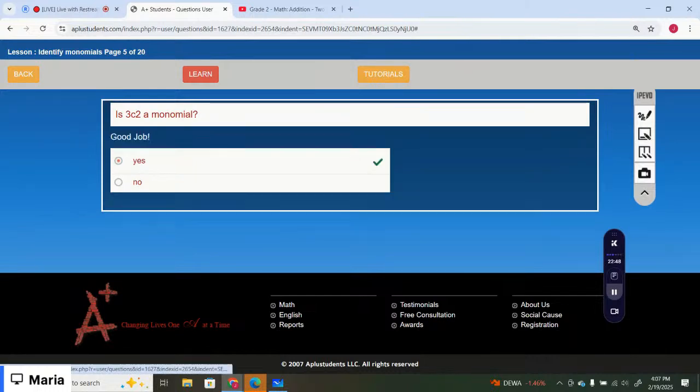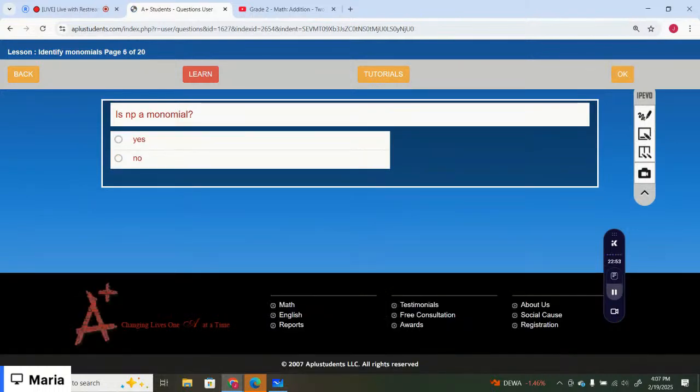Option number one is the correct option. Is np a monomial? Yes, that is a monomial. Option number one is the correct option.